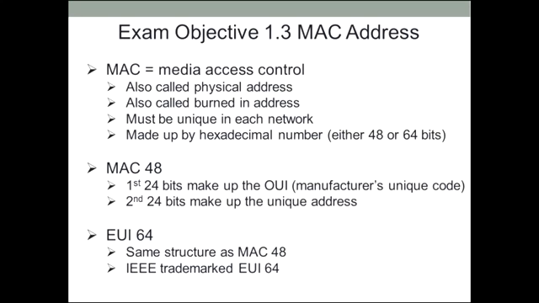They did not get to make them up on their own, but they did get to make up the second 24 bits, and that's what makes the address unique. Usually that is the serial number. And since there are over 1 million possibilities in that second 24 bits, chances of having a duplicate are pretty slim on any given network.